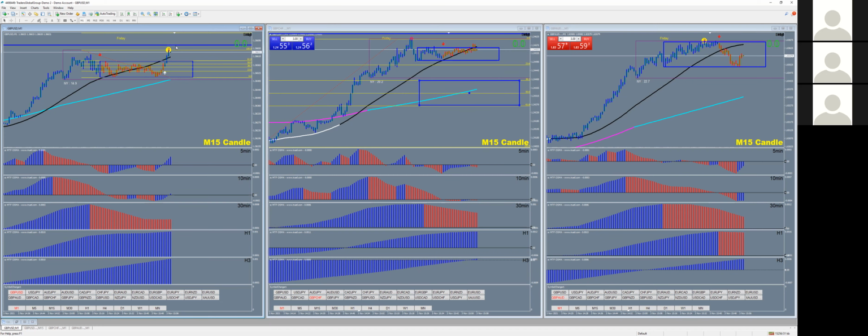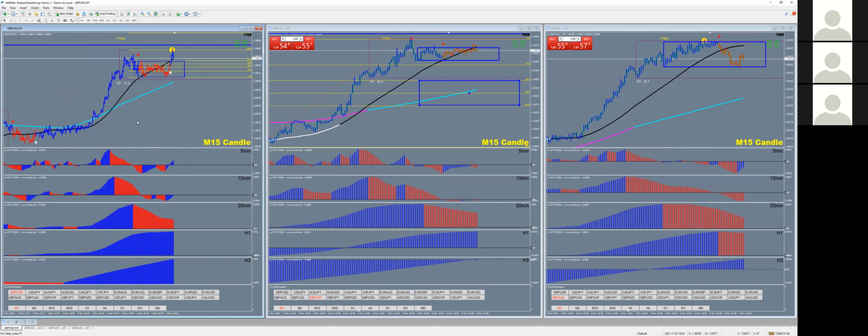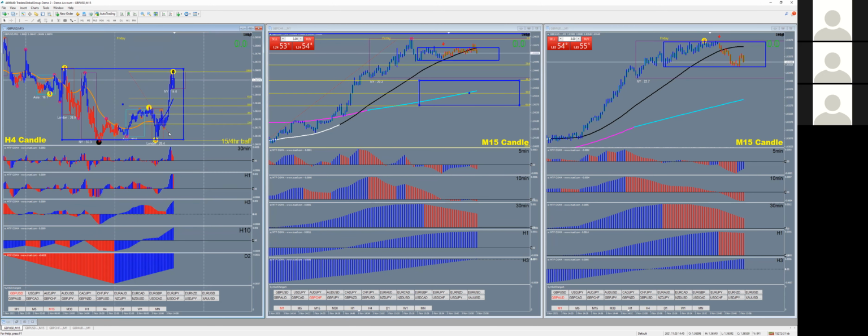So you just have to wait to see if we get a high of the session, a high today for reversal. It's only moved 56 pips from top to bottom.